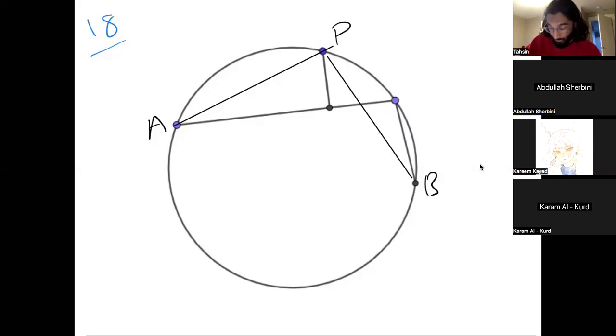And what else? Then there's a C here. No, that isn't C. There's a C here. So C is on the circle, and D is like this.